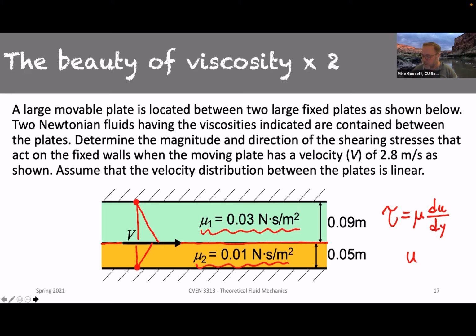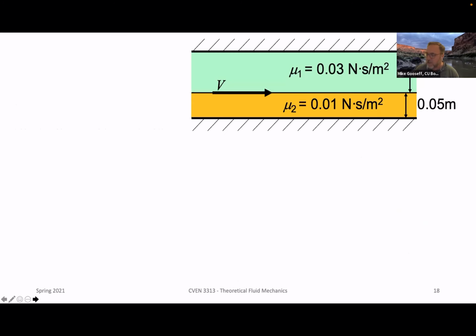Okay, so real quick, let's just write these out then. So for fluid 1, tau 1 is equal to mu 1 times du dy 1, right? So whatever this velocity distribution is. So we are given that we have 0.03 Newton seconds per meter squared.